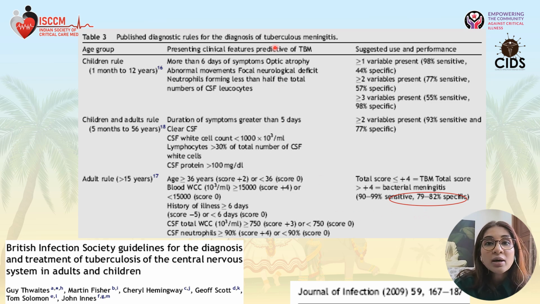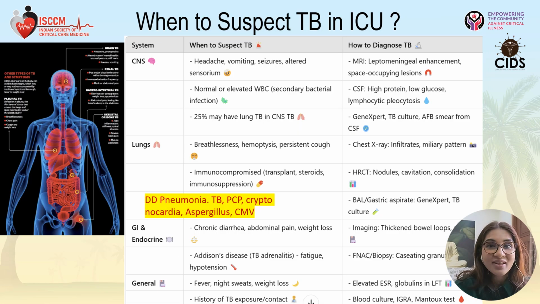So this is the modified Thwaites criteria, which can be used by the intensivist or by the infectious diseases physicians for making the early clinical diagnosis and differentiating patients from bacterial meningitis. But again, history taking has to be emphasized, because that can completely change the scores.